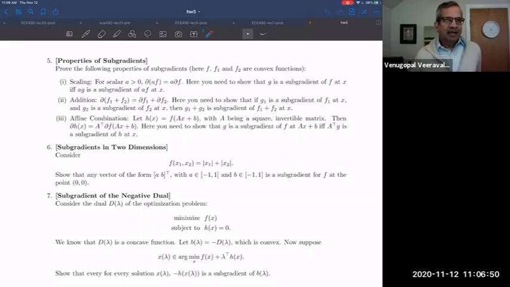Otherwise, a statement that holds for all y may not hold for all Ay plus b. So that's why you need that invertibility condition. And if it's not a square matrix, then you need it to be an m by n matrix where m is less than or equal to n, and it has to be full rank. That means it has to have rank m.